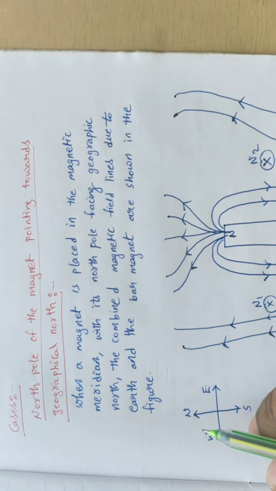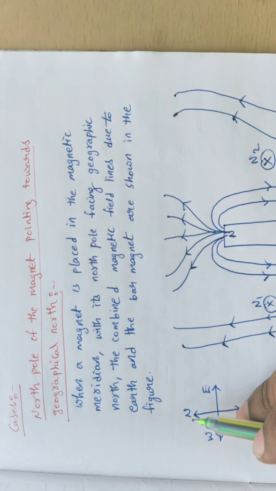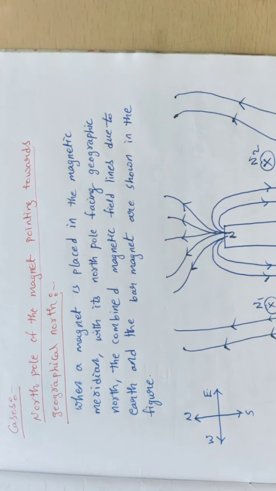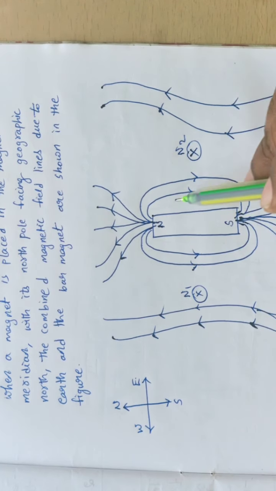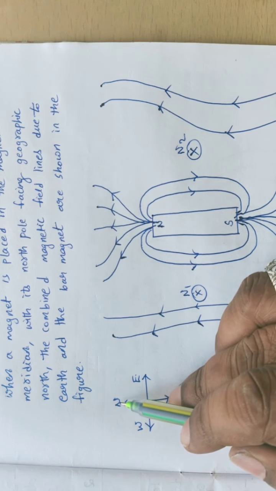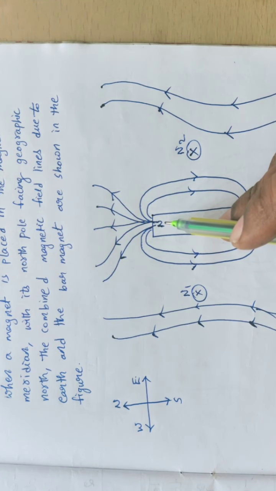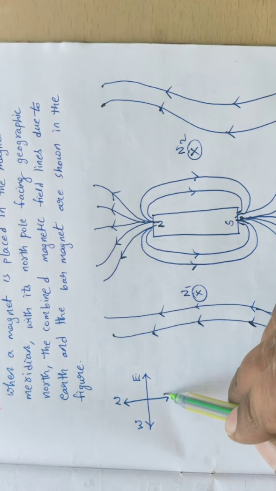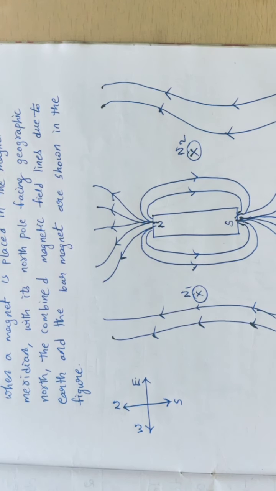Observe carefully, here geographical north is present, and this one is geographical south. Actually this is geographical east and west. This is one bar magnet, students. Towards geographical north we are placing the magnet's north pole, and towards geographical south we are placing the magnet's south pole.